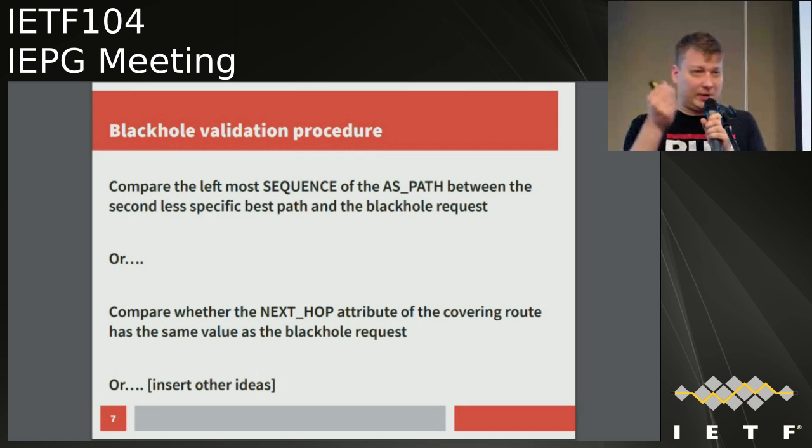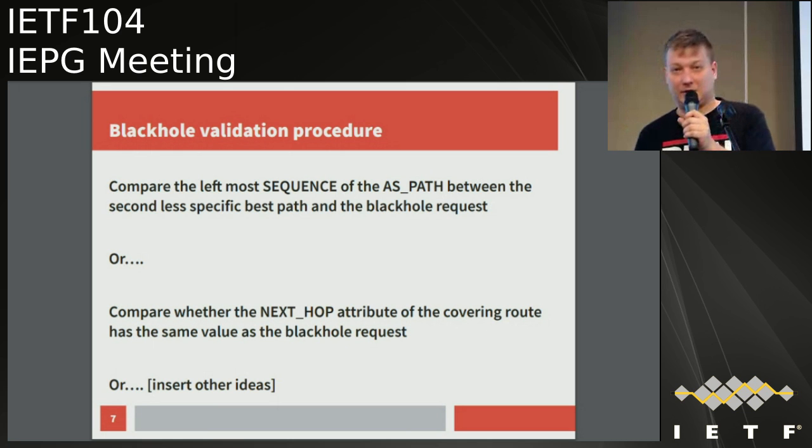There's a number of ways where you can validate: is the black hole request aligned with the best path? Whichever method you pick, I think this will bring significant benefits to your other customers.